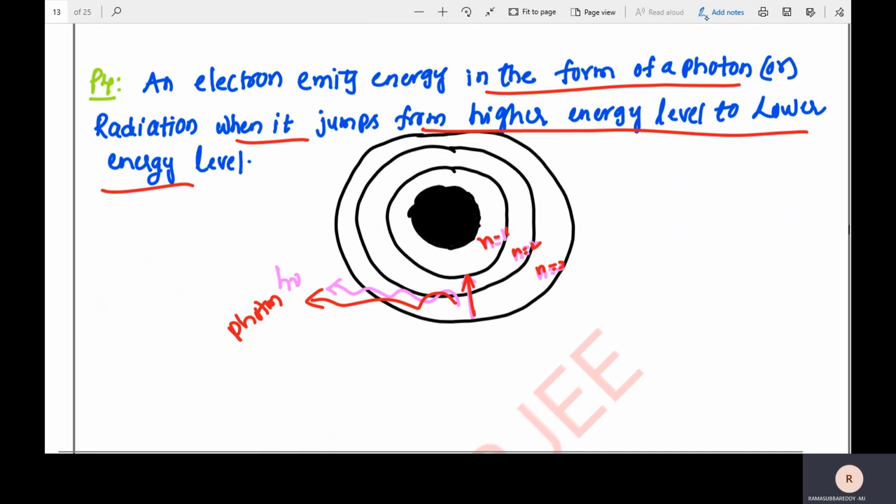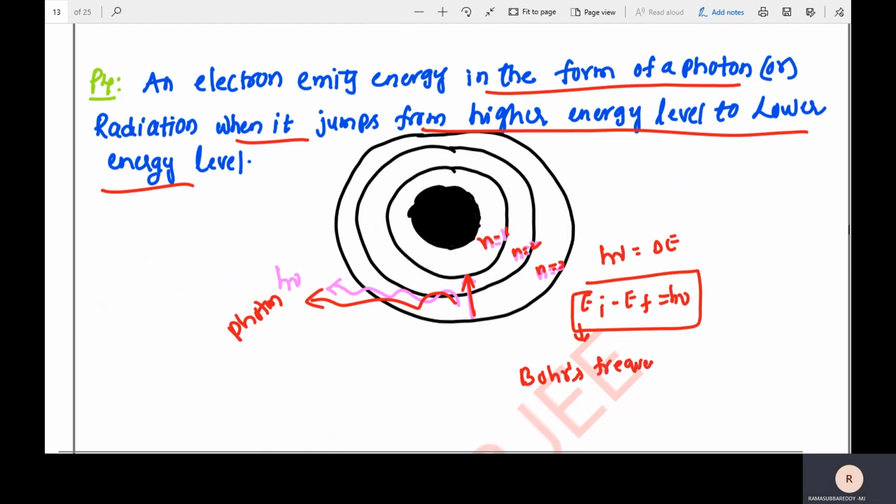The energy is h nu, which is equal to delta E, or E initial minus E final is equal to h nu. This is called Bohr's frequency condition. This postulate is important.